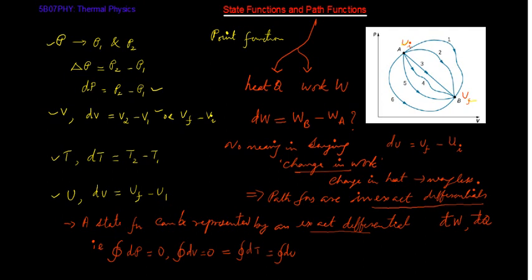They are not defined at any point and depend upon the actual path followed, so you cannot regard a change in that function. The best examples are heat and work. To distinguish inexact differentials from exact differentials, we put a cross mark over them. Remember the difference between the two.